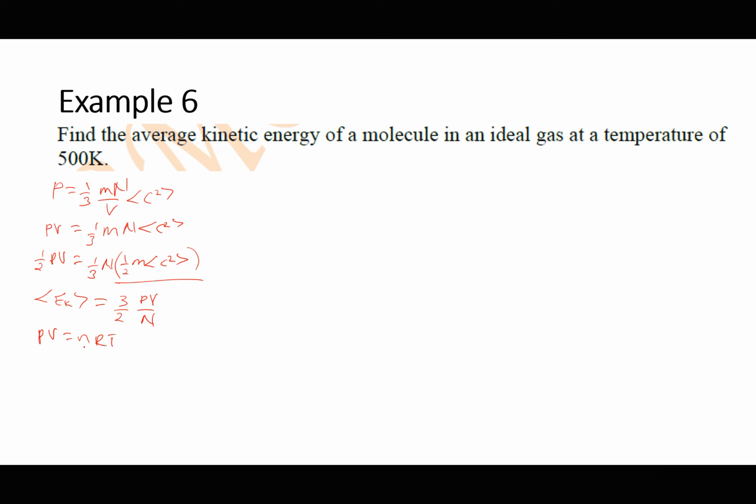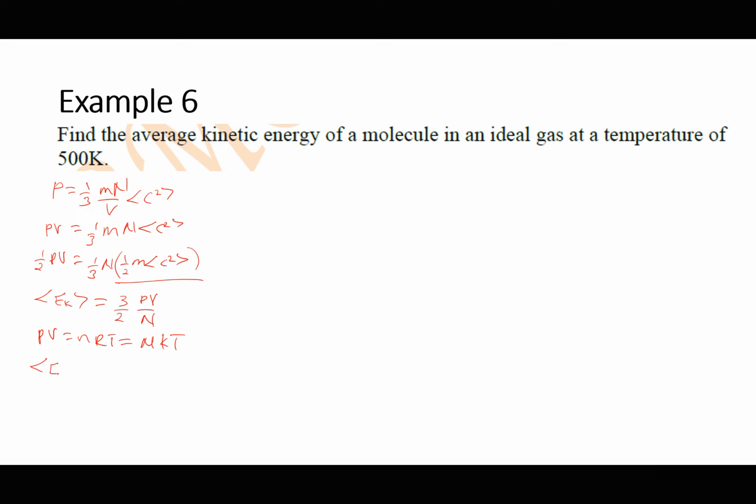Because I don't have n, I know R but I don't have n, I may not use this expression. But this is also the same as NkT, you know. So I can remove PV and put NkT.